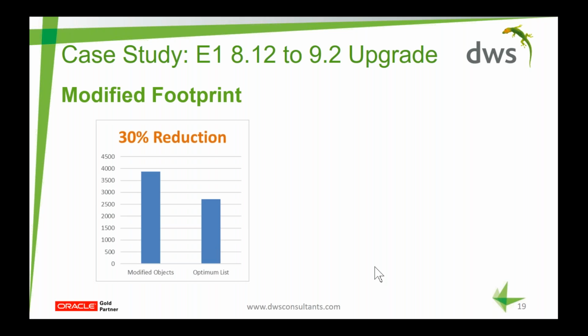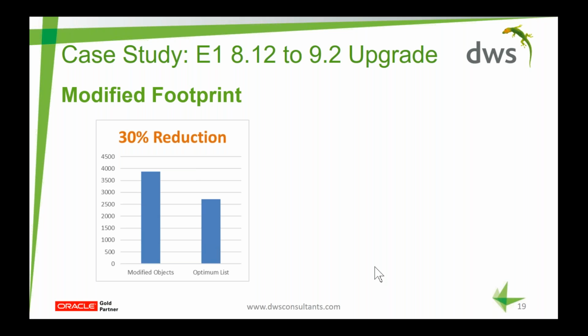So the first case study that we had was to look at the modified footprint of a customer and give them the details in man days. And this was an upgrade from 8.12 to 9.2. Thanks, Dave.